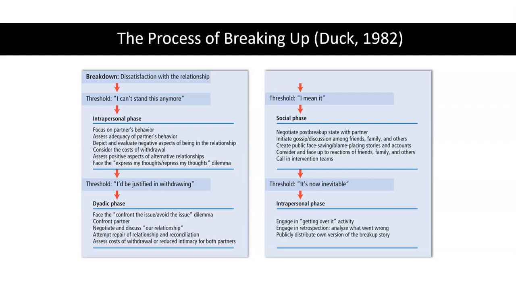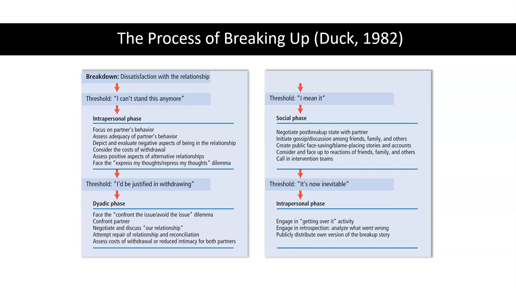What Duck's theory tells us is that when relationships fall apart, it's not a single event. It's something that evolves over time, through steps that are both behavioral and psychological. So you have to imagine you're in a relationship, but your feelings are starting to change. They're not going to change in a heartbeat most of the time.